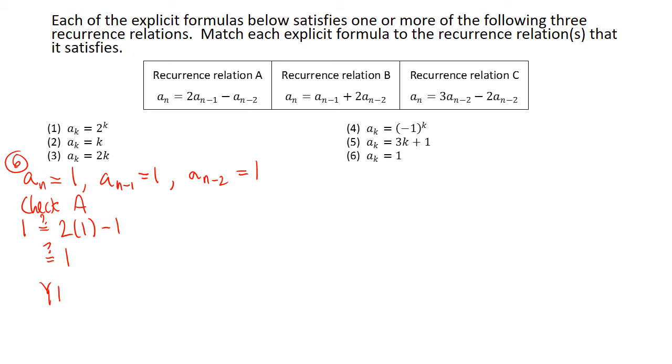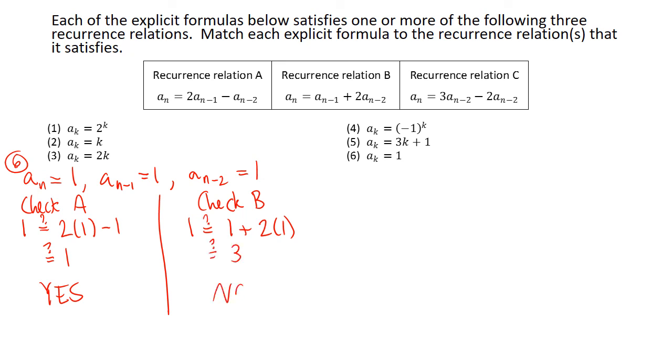That's a yes. And then let's check B. Does 1 equal 1 plus 2 times 1? On the right we're going to get 3, so that's a no.